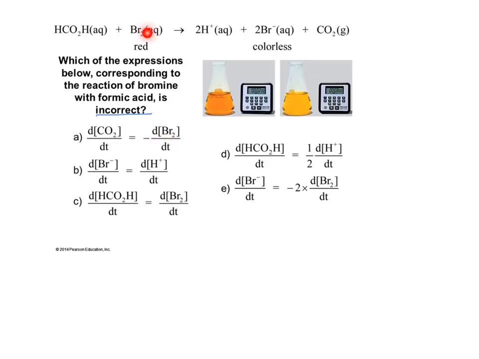All right, are bromine and carbon dioxide on opposite sides of the equation? Yes. And since they're on opposite sides of the equation, there would be a negative sign somewhere in their relationship, so that's good. Are they also both 1-to-1 in coefficients? Yes. So that's correct.